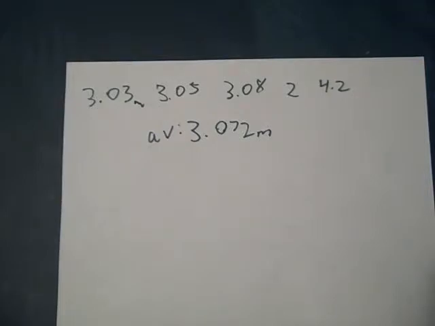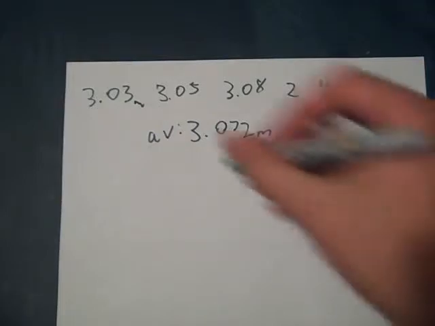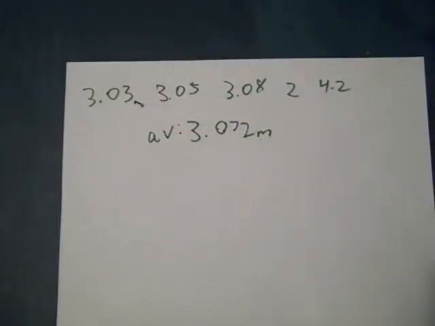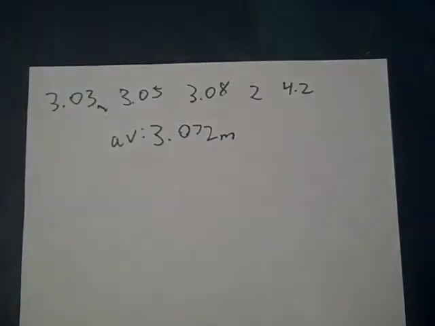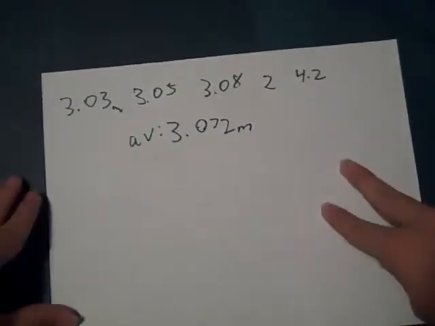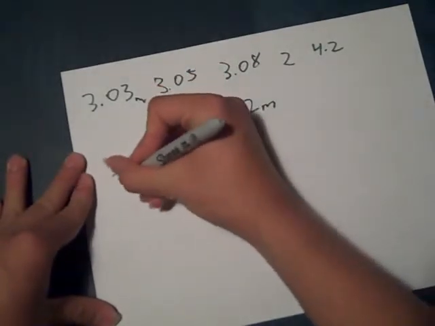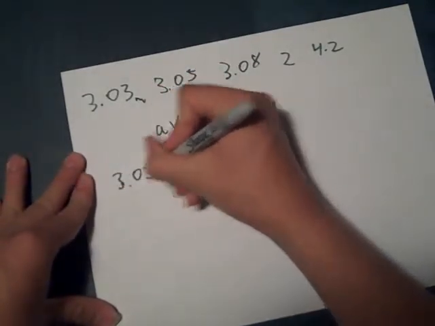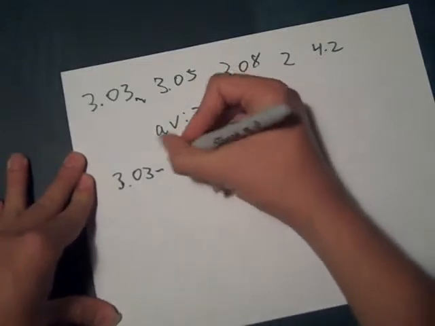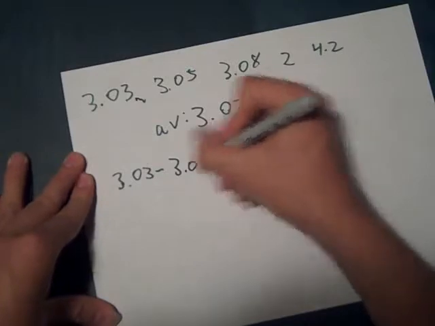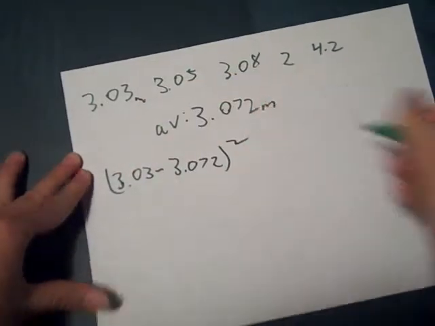Okay, so now we just take this as well as the individual points of data, the average and the points of data, and put them into this last part of the equation. So we'll take 3.03 minus 3.072 and square it.